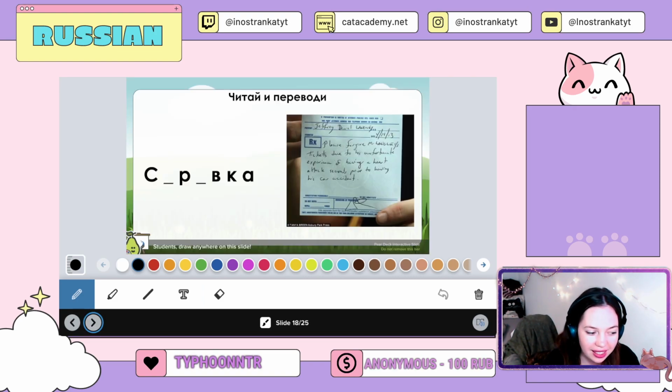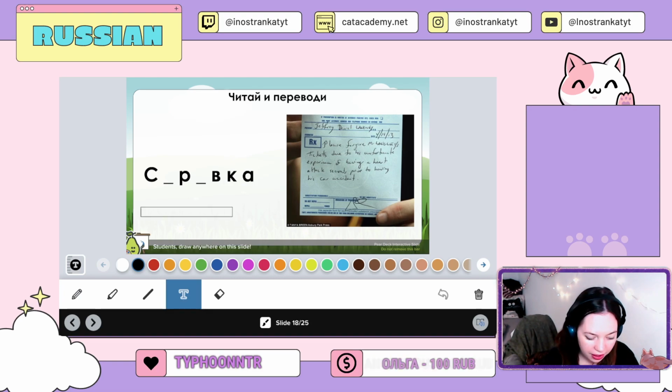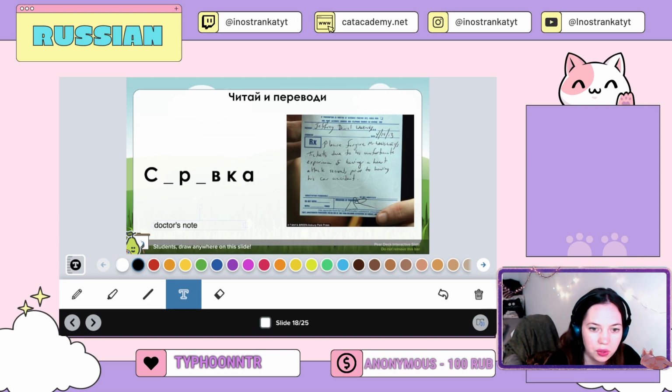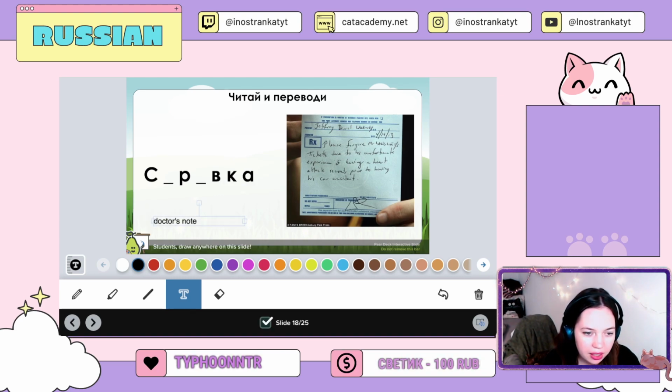And exactly what can you get in registratura? You can get spravka. Spravka is a doctor's note. Spravka is usually needed when, let's say you were sick and you need to show it at work to prove that you were sick, or maybe at school or college.